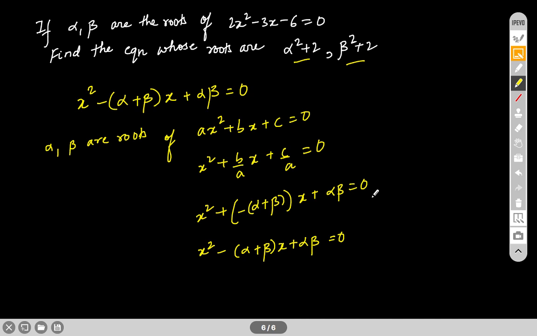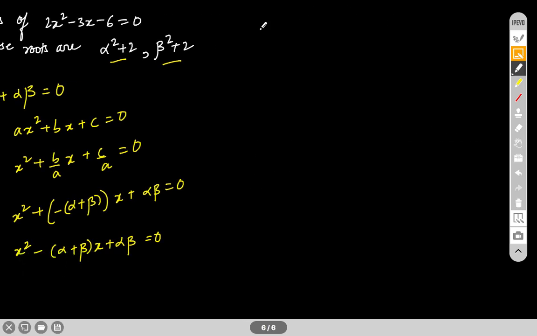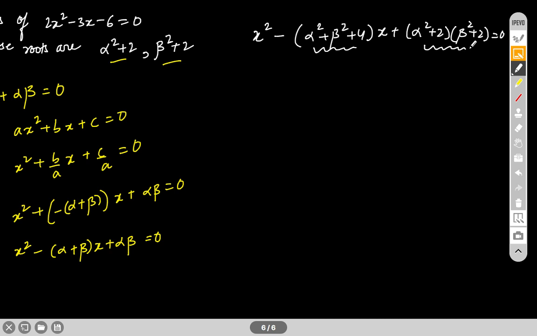Okay, let's do this. If you want to find a quadratic equation whose roots are these, you'll first do this operation. You'll find out this expression, correct? But for that you need to know the values of these two, this and this.